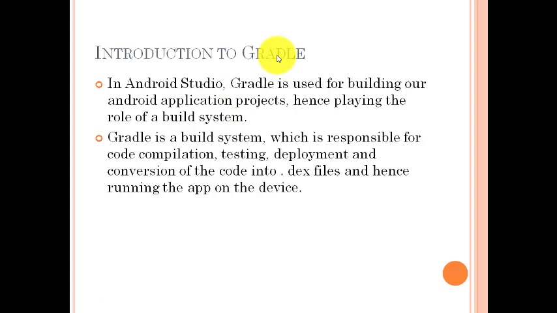It will check the syntax and semantics of the code. If it is according to the syntax and semantics, then it will compile the code and test the code. It will check whether there is any runtime error in the code or not. Now, if there is no error, then the deployment process will be done.